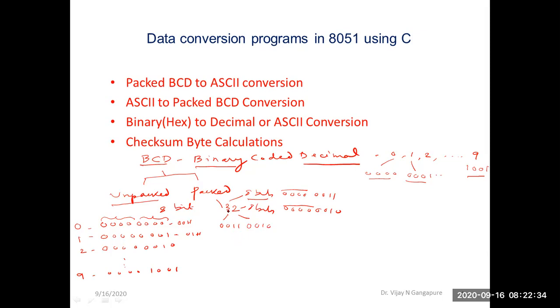Okay, so 32 can be represented by only one 8-bit number, in which the lower nibble represents 2 and the upper nibble is the BCD number for 3. This type of BCD number is called packed, because all the bits in these 8 bits are packed with BCD numbers. The upper nibble represents one BCD number, that is 3, and the lower nibble represents the second BCD number, that is 2.